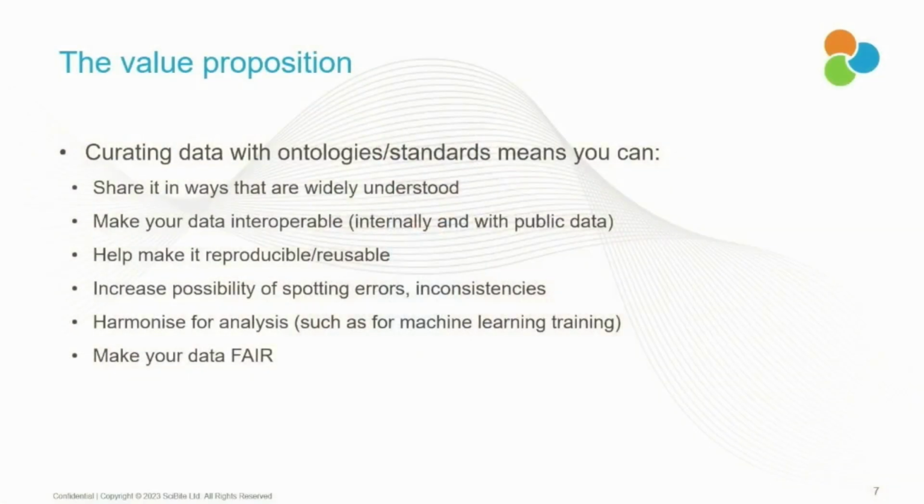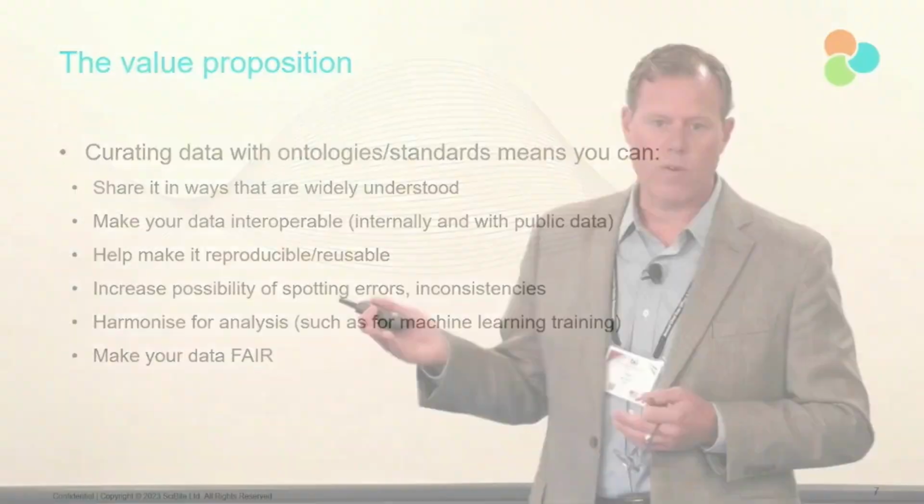So what is the value proposition of applying ontologies to your data? Well, if you use ontologies, then you're able to talk about the features and the aspects of your data, the way it's represented, in a common shared way, right? Obviously, that makes data interoperable. If you know what you're talking about, if you know what standards you're applying, then your data becomes, by default, more reusable.